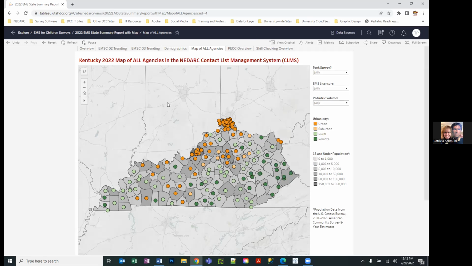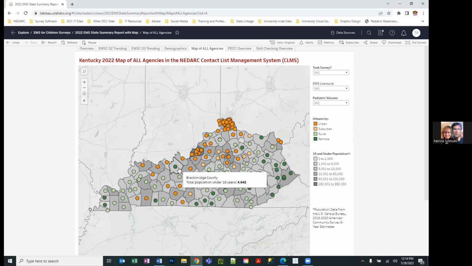The second thing we included this year is we overlaid the agencies on top of the population in each of your counties. So this population data comes from the American Community Survey of the last 5 years. And this will be updated within the next year or two. So it might change a little bit, but maybe not that much. But this will allow you to see, the darker the color, the higher the population.